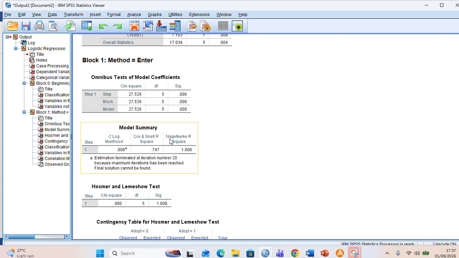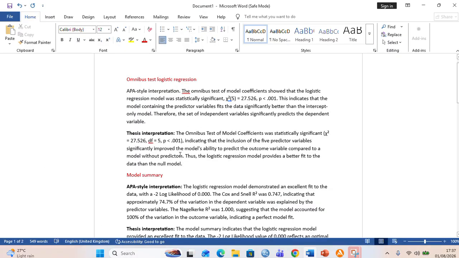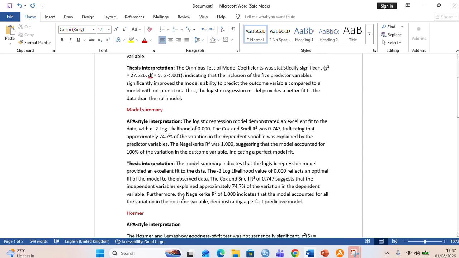And then you come also and explain this. You say the Nagelkerke R square was 1.00, suggesting that the model accounted for 100% of the variation in the outcome variable, indicating a perfect model. So if you are a student, you need to interpret the model like this.